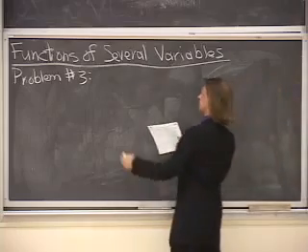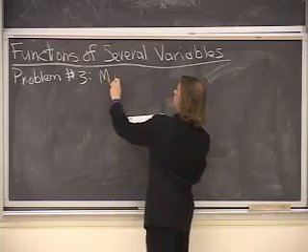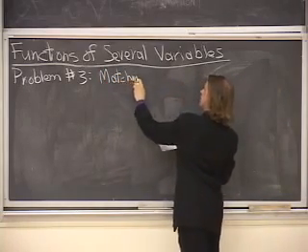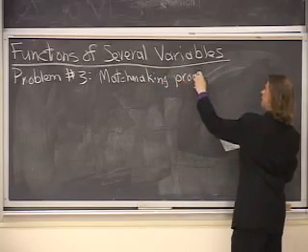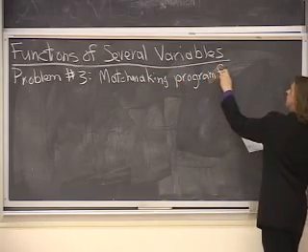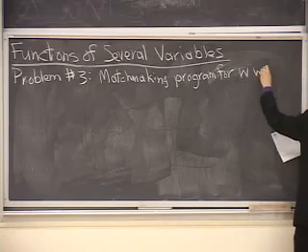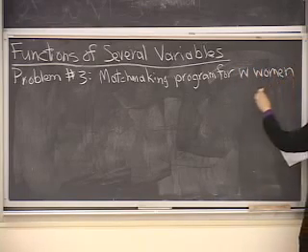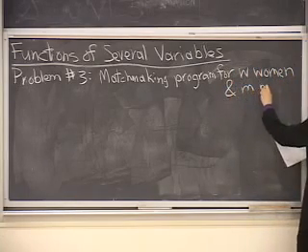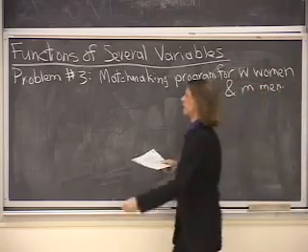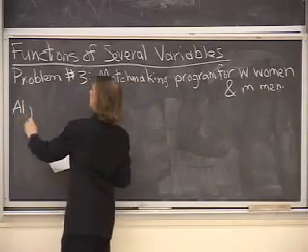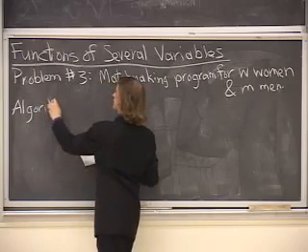Let's write a program to do matchmaking. And suppose we've got W women in our database and M men, and we're matching them up. And our algorithm is pretty simple. It's just exhaustive comparison.